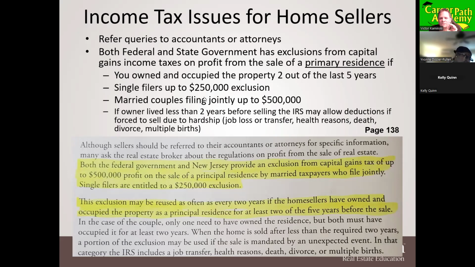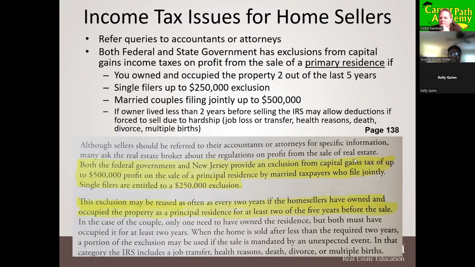Single filers, whether you're married and filing separately or if you're single, you can get up to a $250,000 capital gains tax exclusion on the sale of your primary residence, provided that you lived in it for 2 out of the last 5 years before the sale.